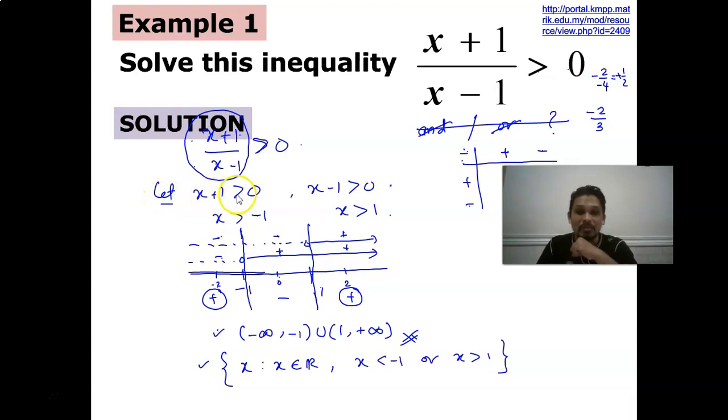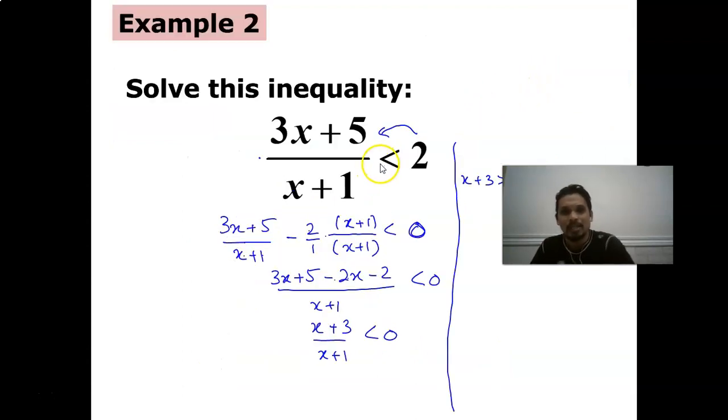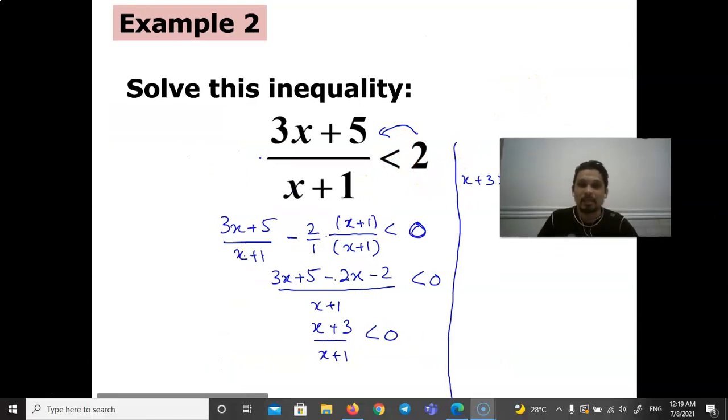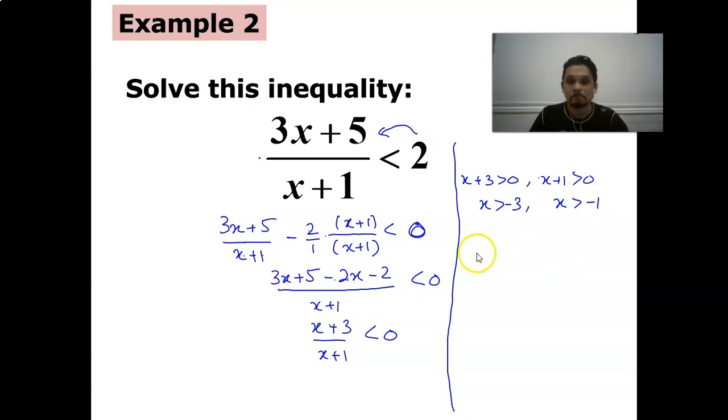Assume that these two linear expressions are greater than 0. Just assume it. Don't bother about whether it's positive or greater than or less than. Let it be. Okay. So we assume or let these two be greater than 0. Then x greater than negative 3 and x greater than negative 1.